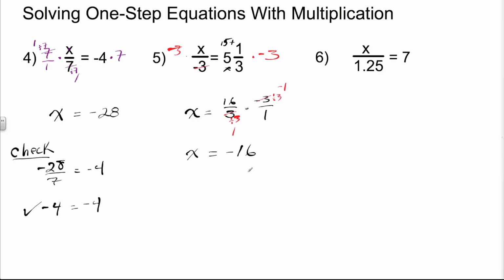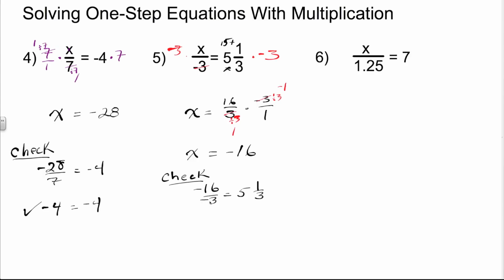We could check our work by substituting negative 16 into the original equation. So here comes our check. Negative 16 over negative 3 is equal to 5 1/3. And in fact, that does check out because our solution, before we multiplied, ended up being 16 over 3.